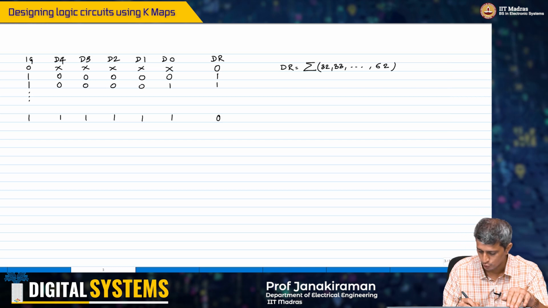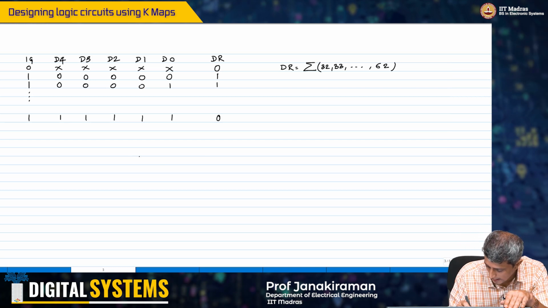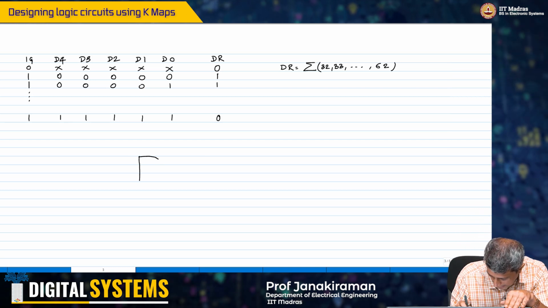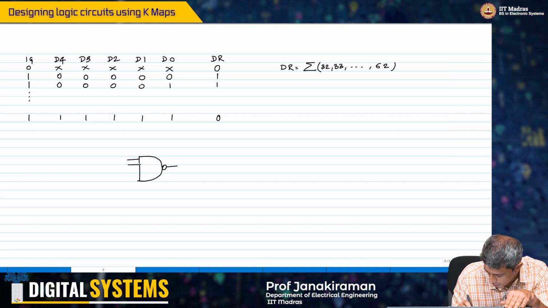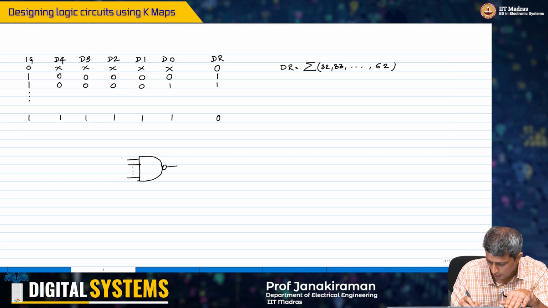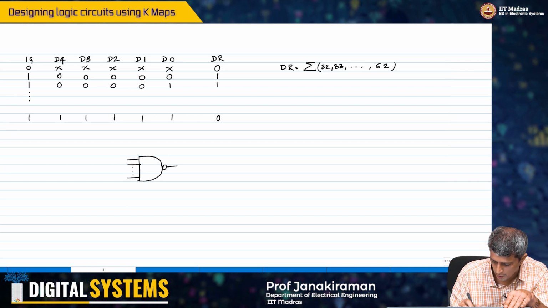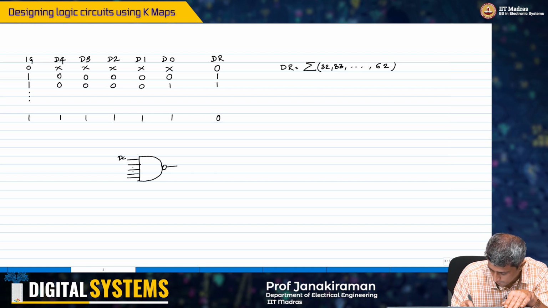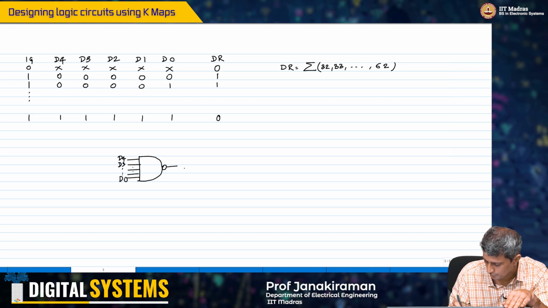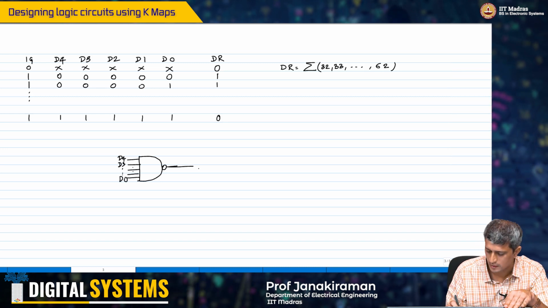And effectively, if you solve this, this will exactly be another NAND gate for all the 5 inputs, D4, D3, D0, you get an AND gate, right?